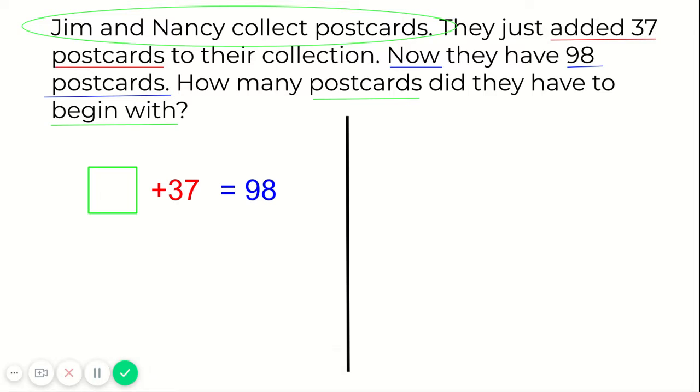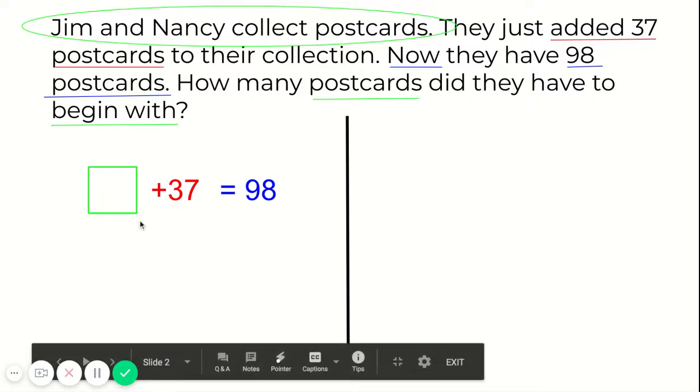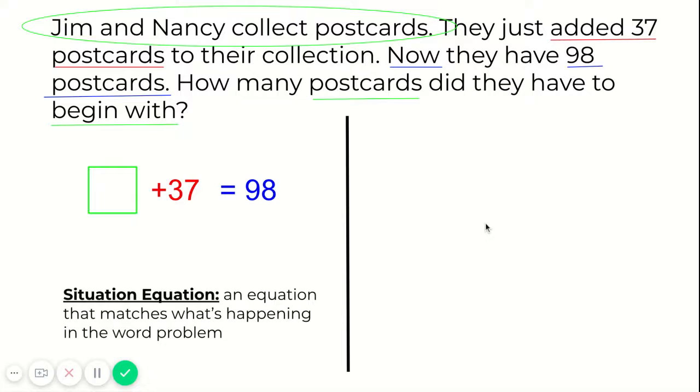And the question is asking us how many postcards did they have to begin with, which we've shown with our empty box at the start of the equation to show that we don't know what they started with. Remember, a situation equation is an equation that matches what's happening in the word problem.